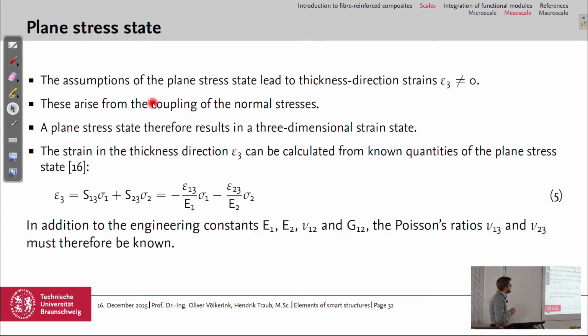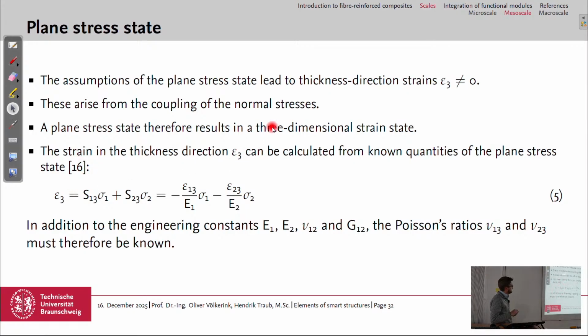The assumptions of the plane stress state don't lead to 0 strains in thickness direction. So we assume only that the stress in thickness direction is 0, but not the strains, because they arise from the coupling of the normal stresses.